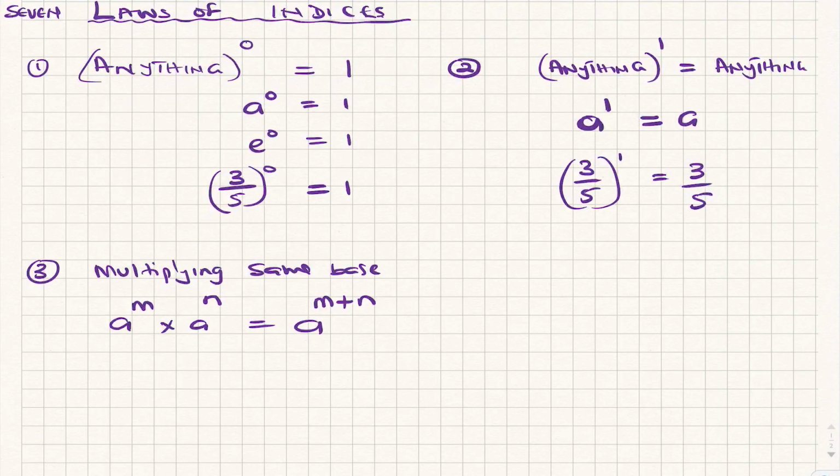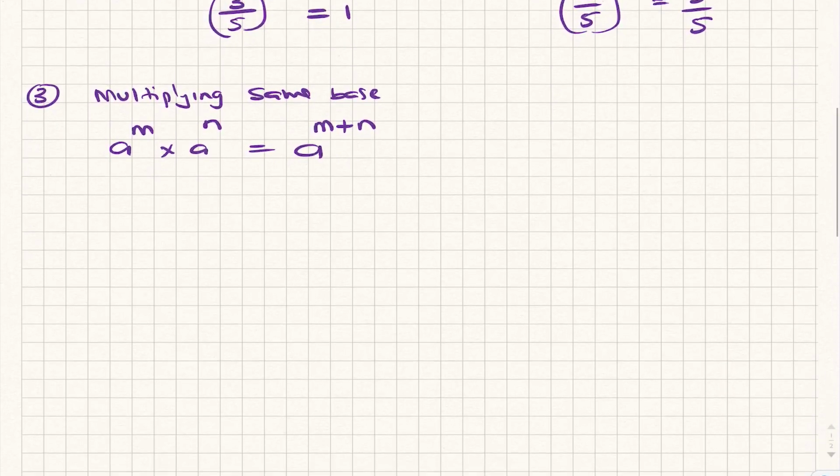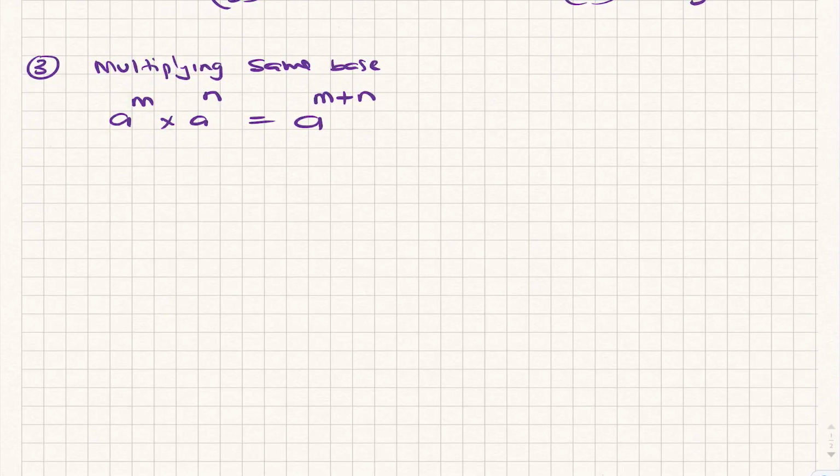That's law number 3. To give an example, x to the power of 3 times x to the power of 5 equals x to the power of 3 plus 5, which becomes x to the power of 8.